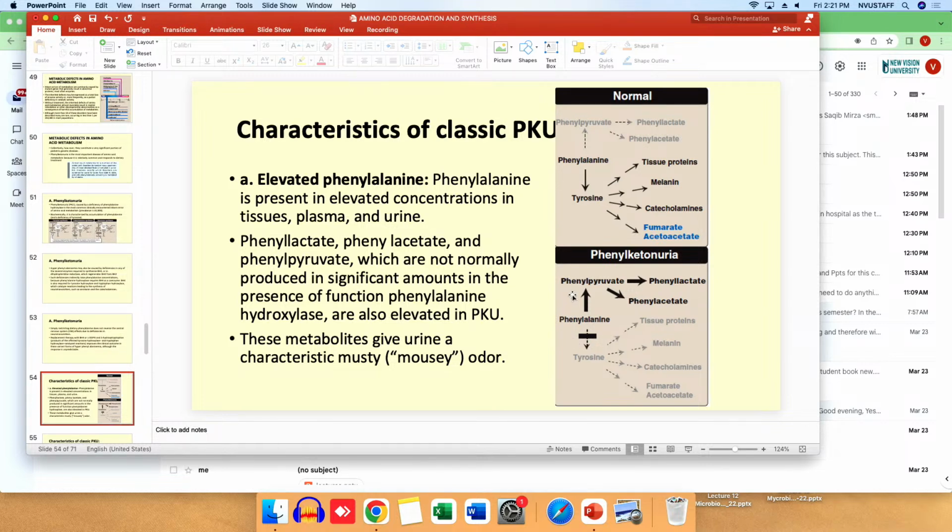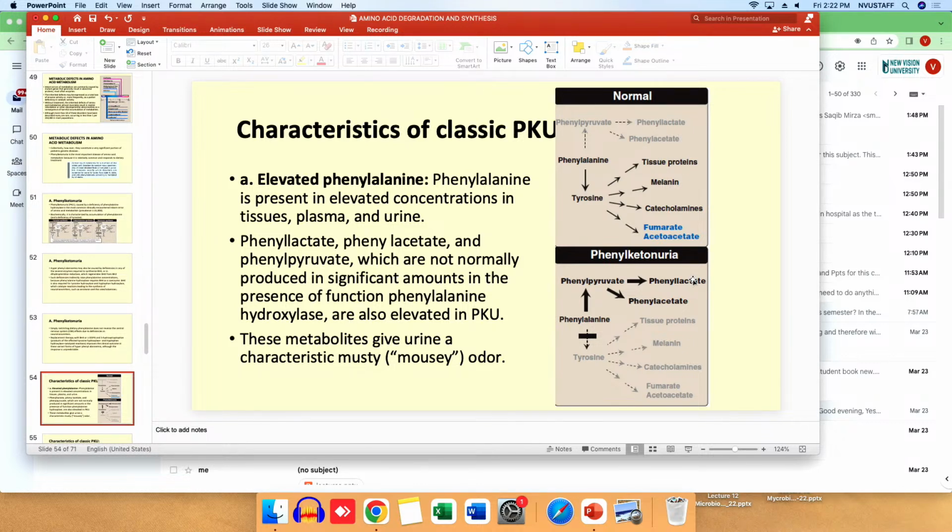A lot of phenylalanine, if it accumulates, will be converted into phenylpyruvate, and phenylpyruvate will be converted into phenylacetate, and phenylacetate in the bloodstream will cause acidosis because phenylacetate is acidic. I mentioned acidosis in case of branched-chain amino acid dehydrogenase deficiencies, when we were talking about isoleucine, leucine, valine.